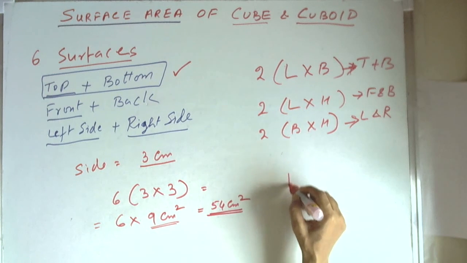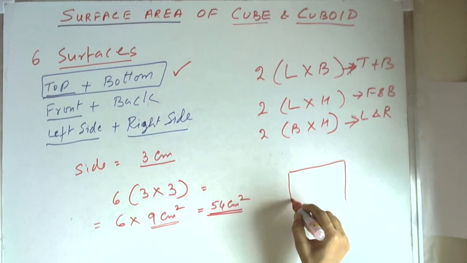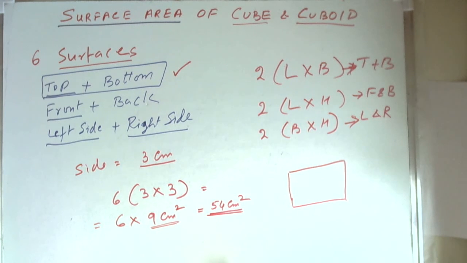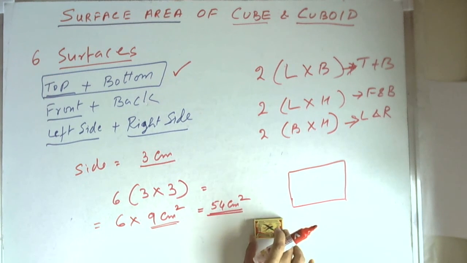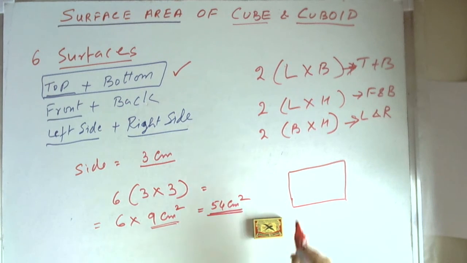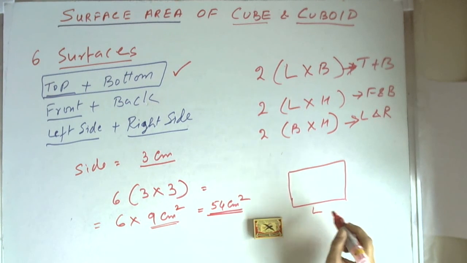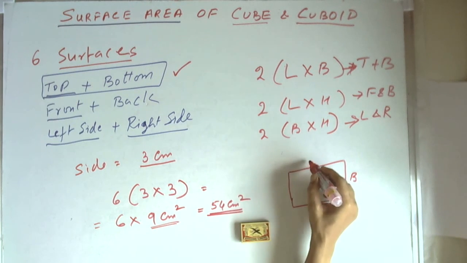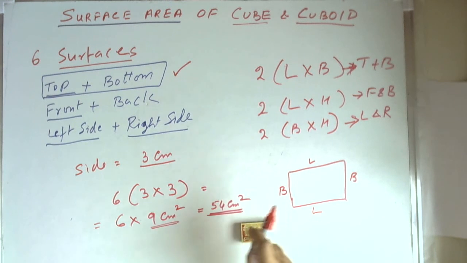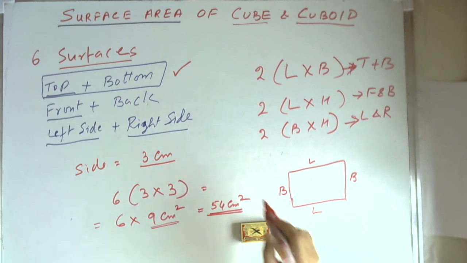We can also view it that we can take the perimeter. If we are talking of surface area of a cuboid, so let's take matchbox, which is another cuboid, then we have the perimeter of the top rectangle. So we can say that this is length and this is breadth, and then this is also length and this is breadth. So if we take the area of all the four sides, then this will be equal to perimeter into height.